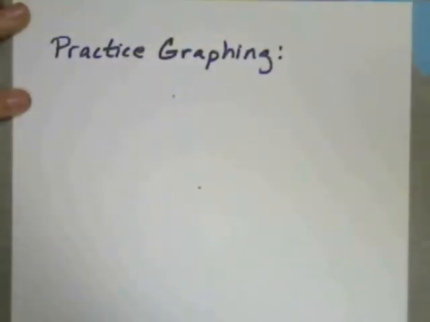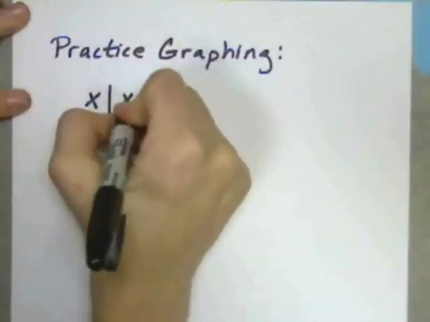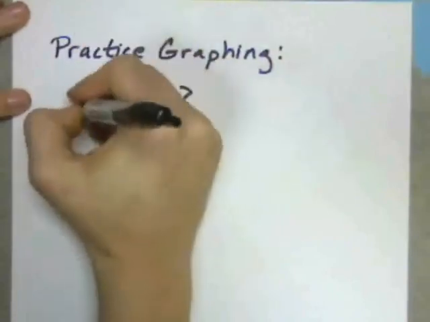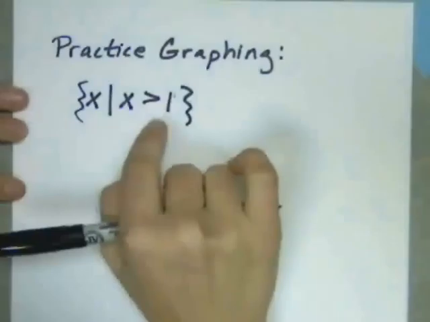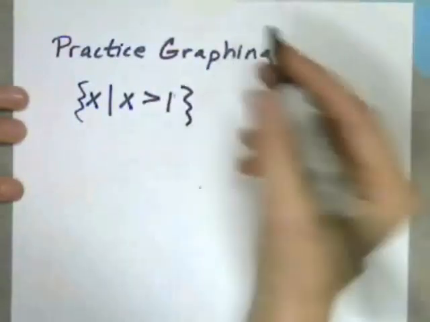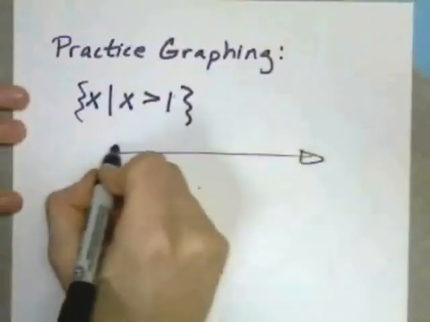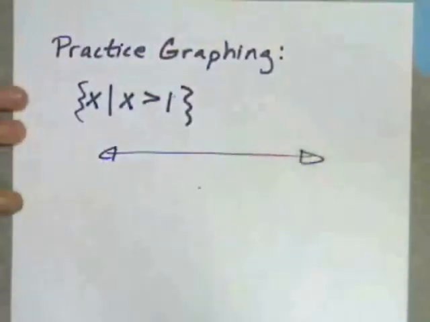So for example, if I said, graph for me x such that x is bigger than 1. If I don't say the type of number, the category, if I don't say x is an element of, remember it's from the reals. So I can just use a normal number line and just color at leisure, because everything will be included that I color.